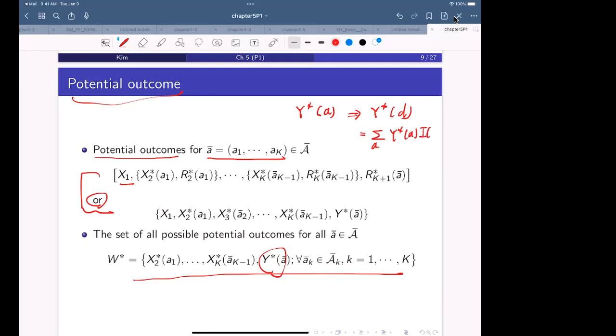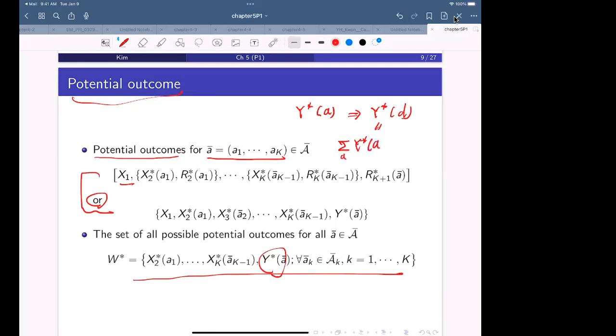It looks complicated, but it is nothing but how the potential outcome would be for the decision rule.